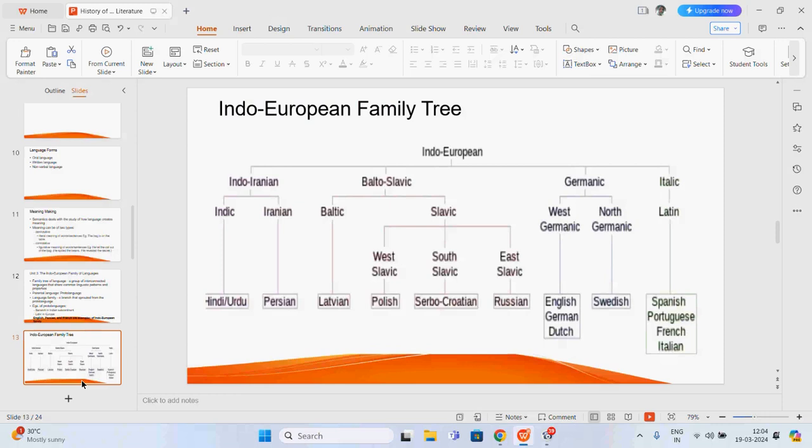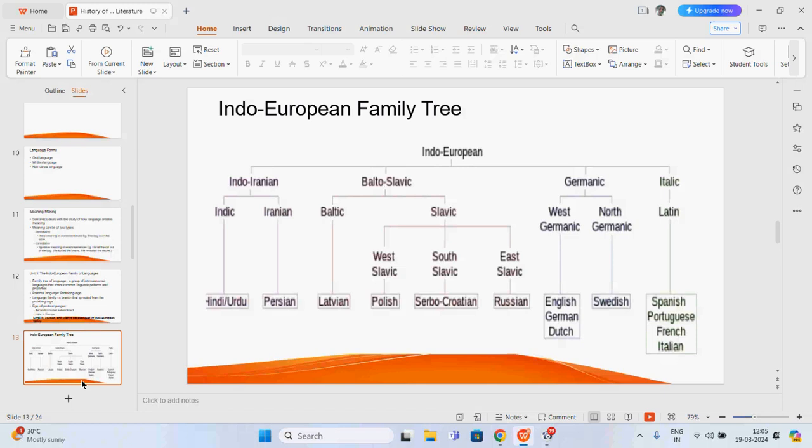Iranian, Persian. From the Balto-Slavic, you have 2 offshoots. Baltic, which led to Latvian, and Slavic, which got further branched into three: West Slavic, South Slavic, East Slavic. West Slavic giving rise to Polish, South Slavic giving rise to Serbo-Croatian, East Slavic giving rise to Russian.